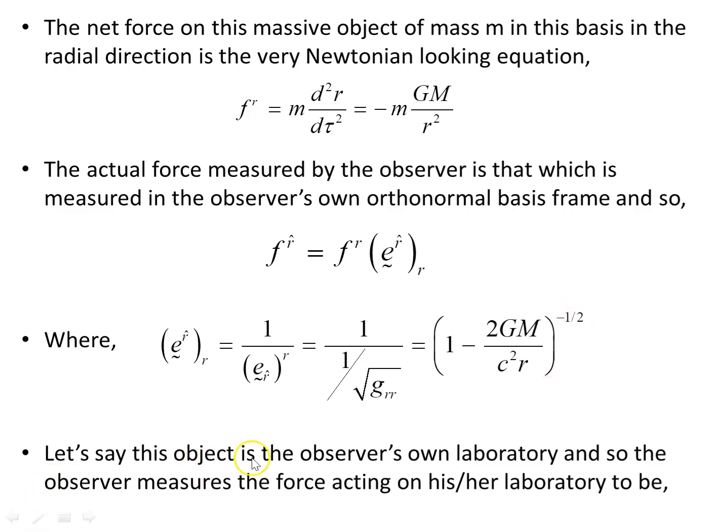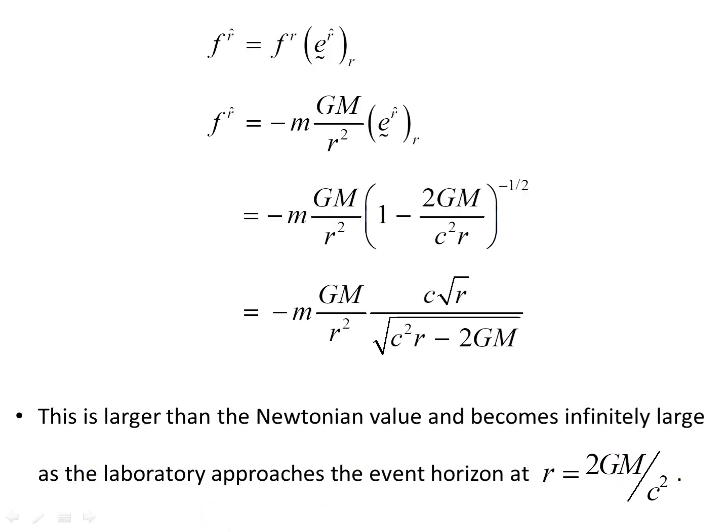All right, now let's say this object is the observer's own laboratory, and so the observer measures the force acting on his or her laboratory to be Fr hat in their own orthonormal basis frame. They measure this, they don't measure this. And so let's multiply this by what we had before. What we had before was this bit here, minus mGM over r squared, and then we multiply by this object here, which is this. And when we do that, we produce this object here.